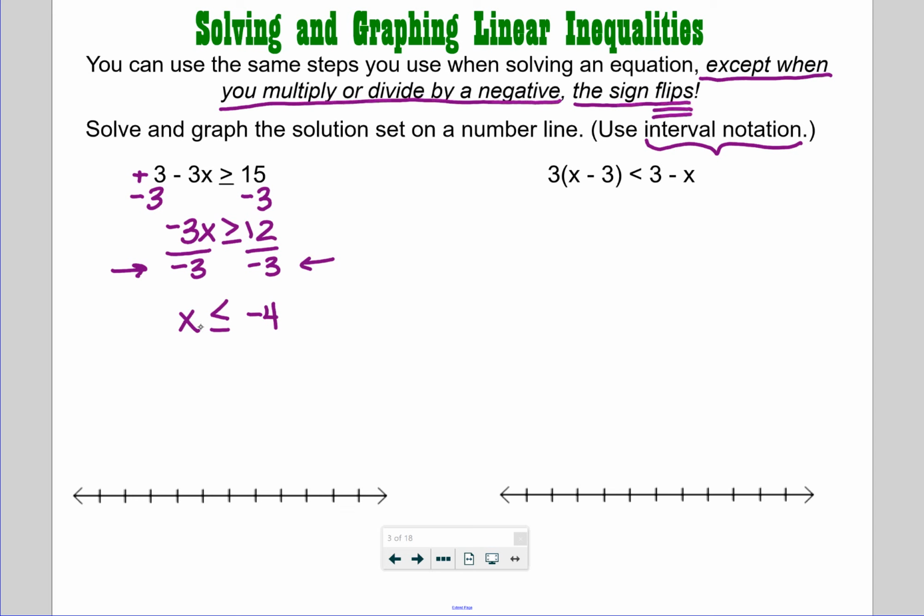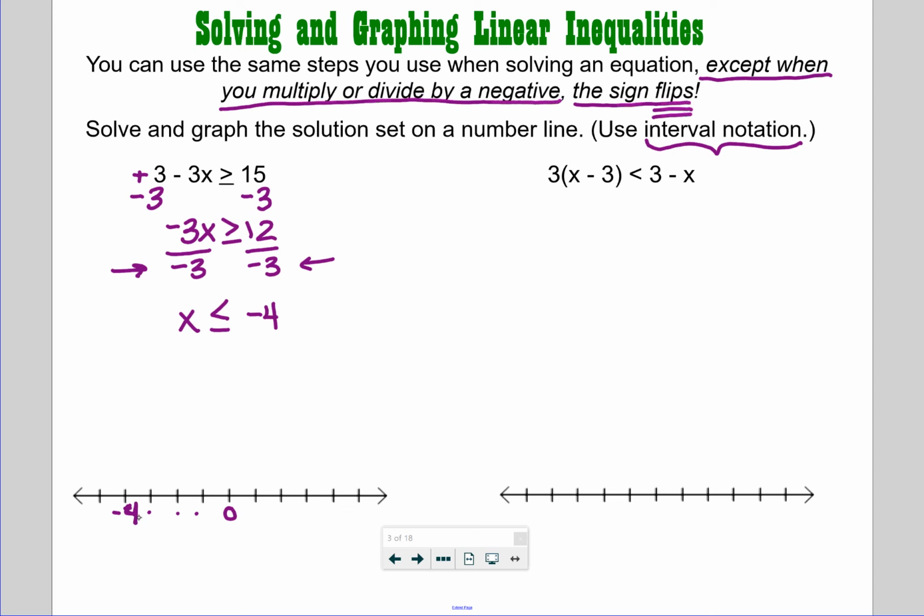That's our solution if we write it in inequality notation, and you may have some My Math Lab problems that ask you to put your solution in terms of the inequality symbol. If we want to graph that solution on a number line, we would find negative 4. So let's say here's 0, negative 1, negative 2, negative 3, negative 4 is going to be right here.